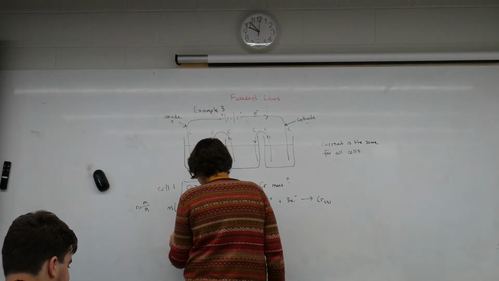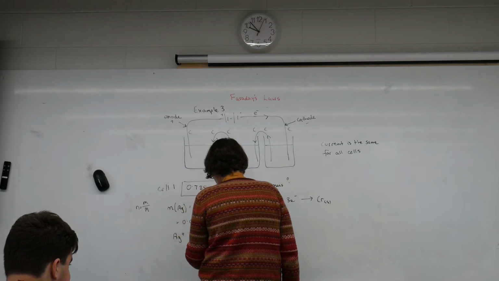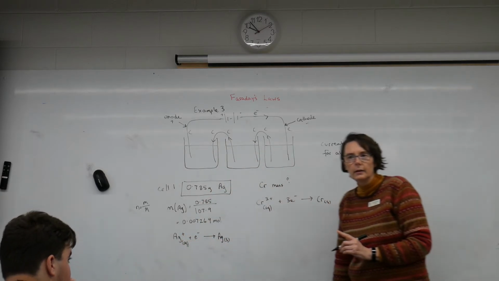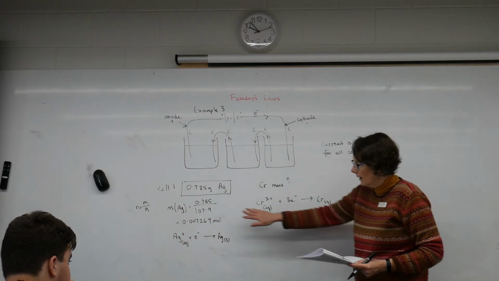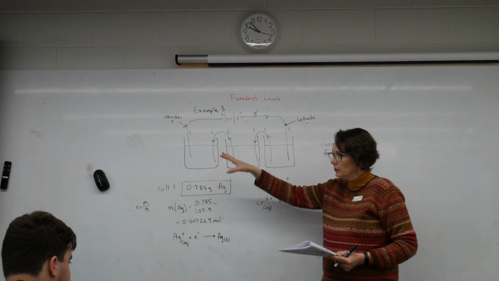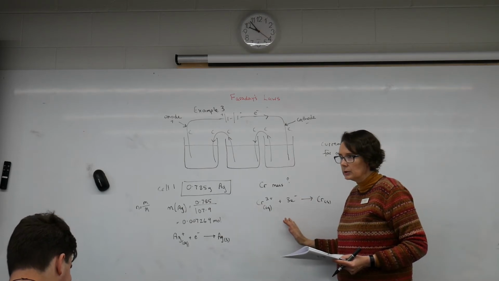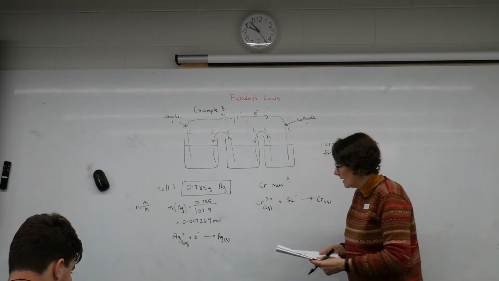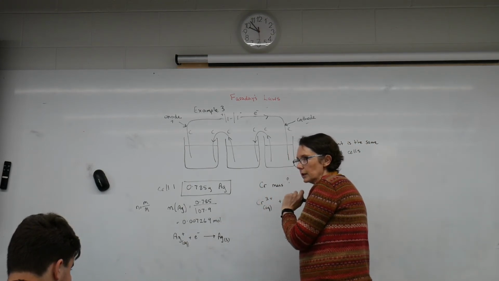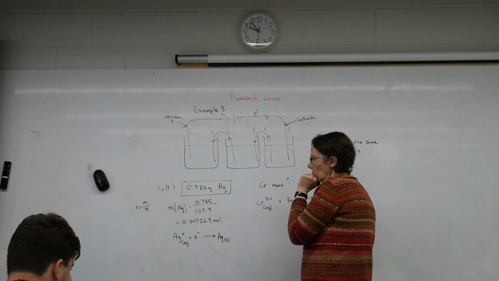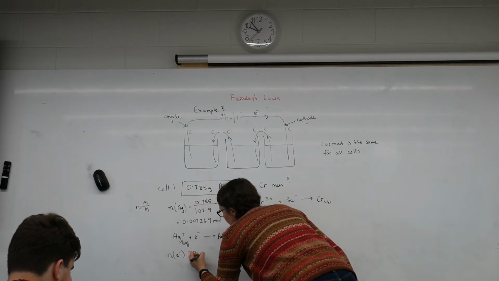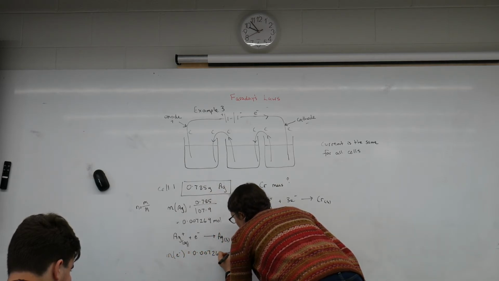Now, as it happens, it's pretty straightforward in this case, but we should always look at that to make sure that we know the moles of electrons, because we've already established that the current's constant. It doesn't matter how many cells we have, they're all going to see the same rate of appearance of our electrons. So what does this tell us for our moles of electrons then? Yeah, so our moles of electrons is the same.